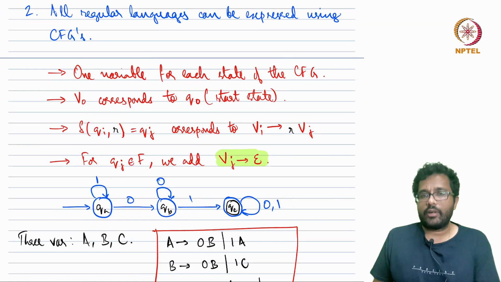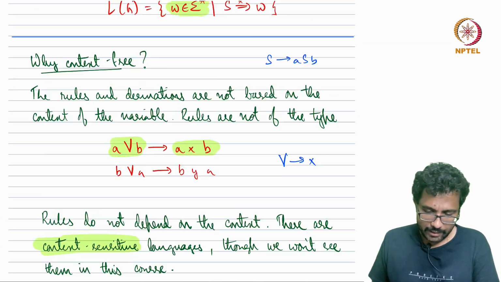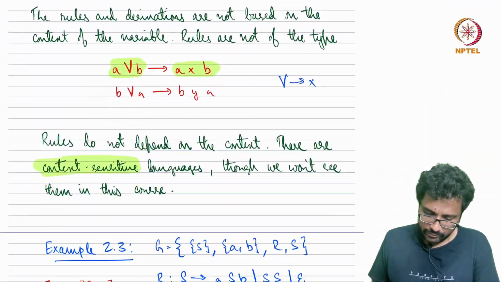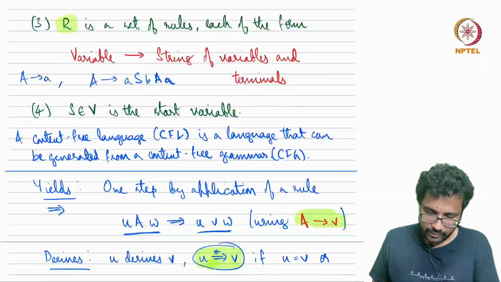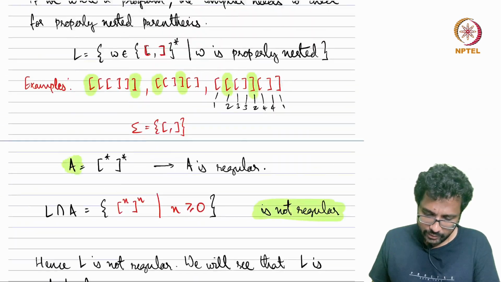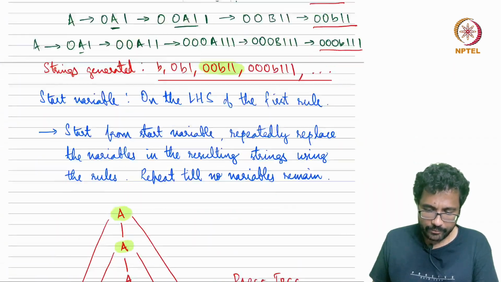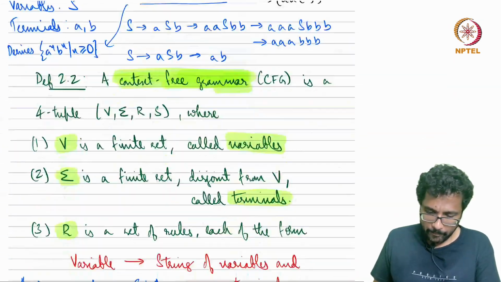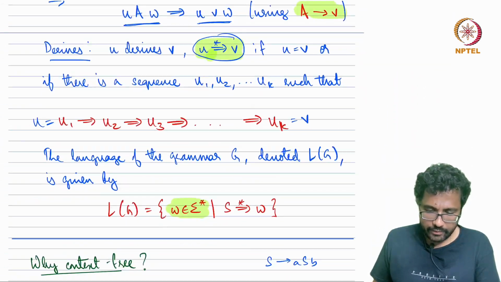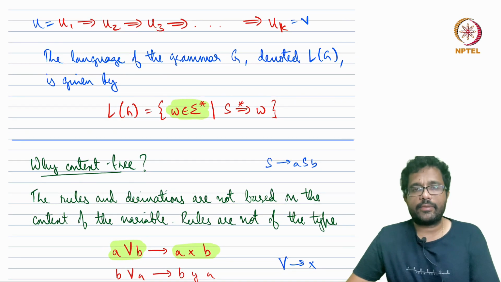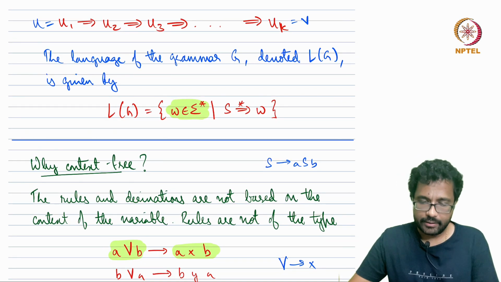So far we have seen context free grammars, we have seen examples, the definition, why they are interesting, and what is called the parse tree. We have seen the formal definition, and the set of strings derived from a context free grammar.